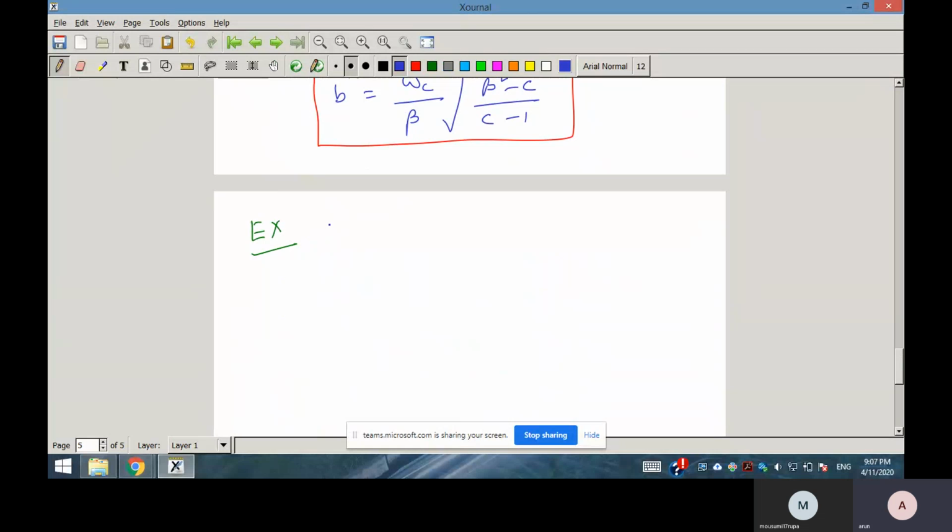Design a lag controller so that it will provide a phase lag of 50 degree.